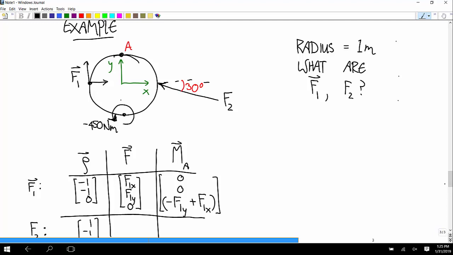And how are we going to represent that force? Well, we know the direction. So if you put the tail of that vector at the origin, we know that this angle is 30 degrees.